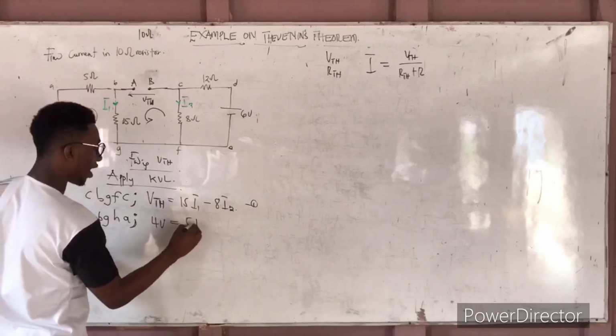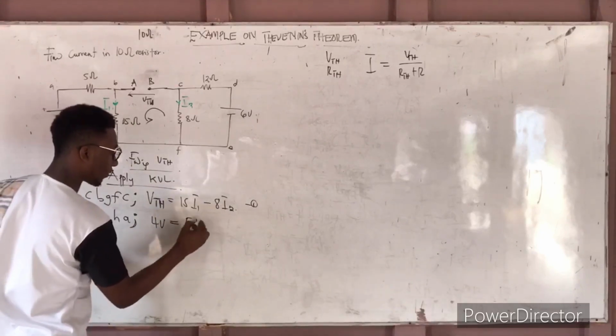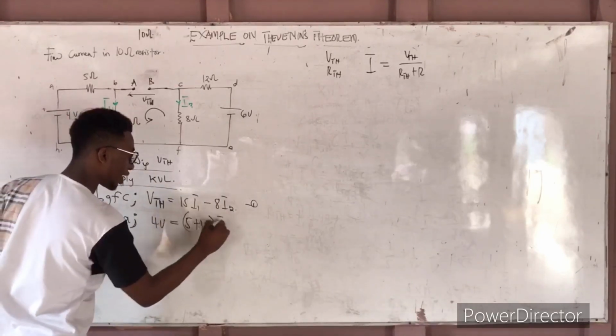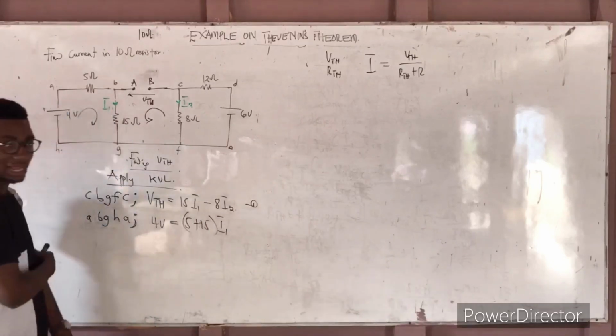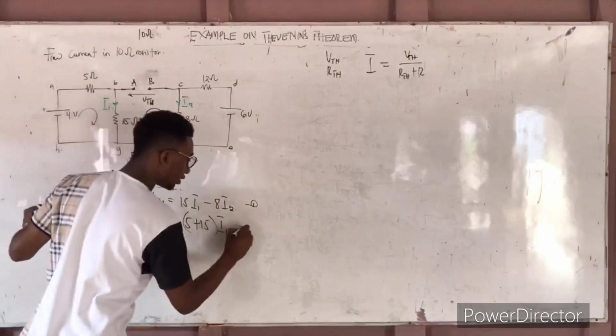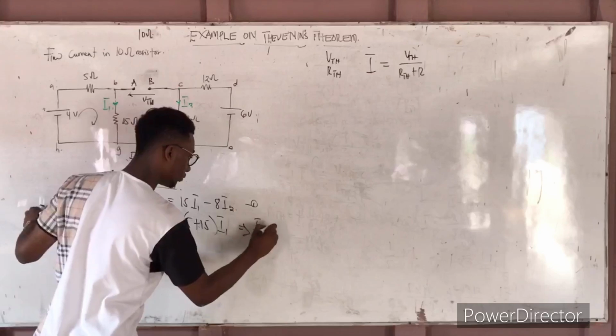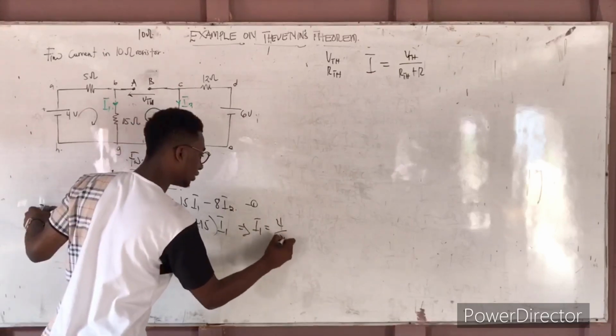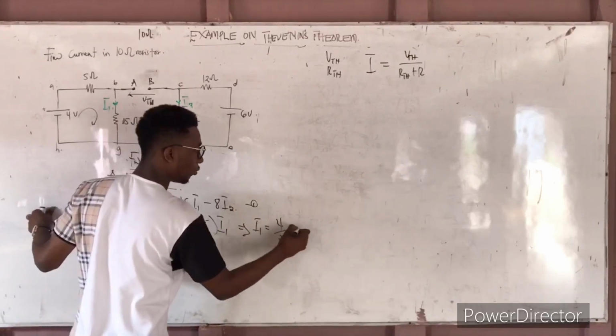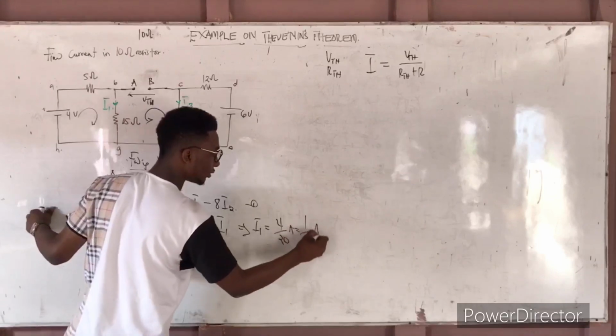So I have 5 plus 15 I1, and here I can determine the I1. So the I1 will simply become 4 on 20 ampere, which is 1 on 5 ampere.